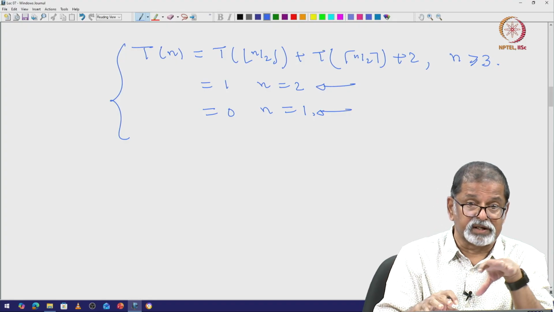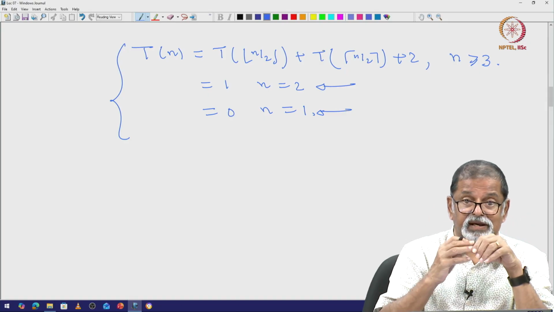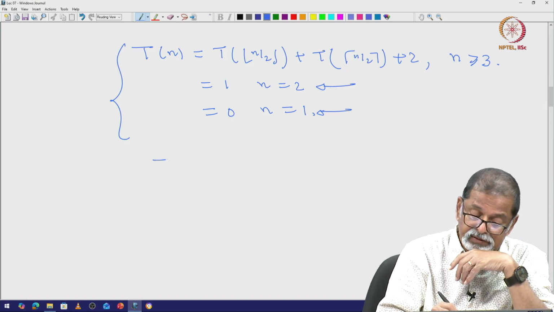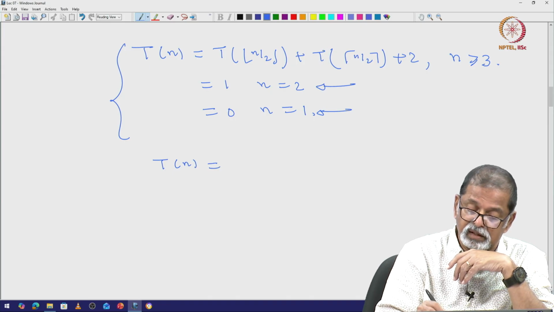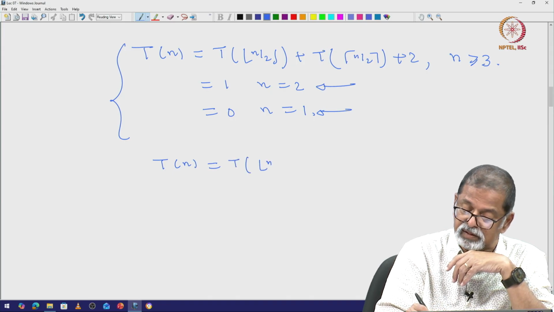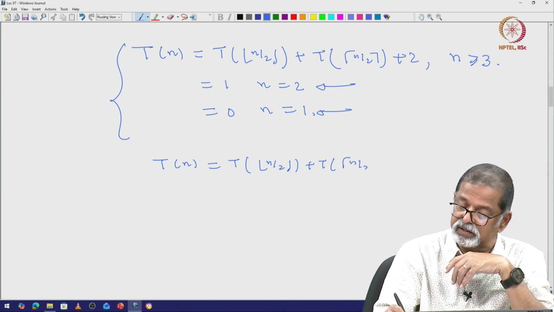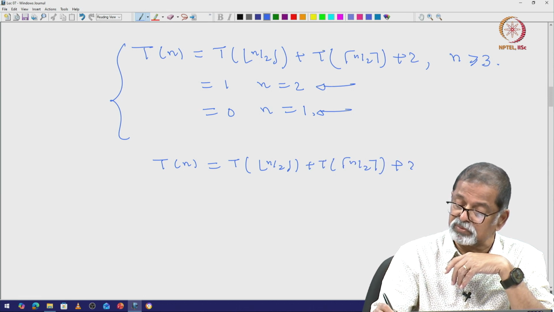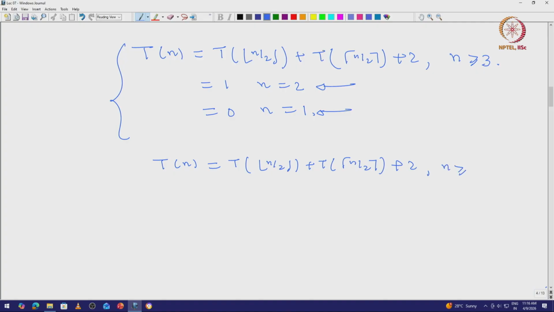Contrast this, let me write down the first algorithm's recurrence equation, that is T of n equals T of floor n by 2 plus T of ceil n by 2 plus 2 if n is greater than or equal to 2 and equal to 0 if n equals 1.